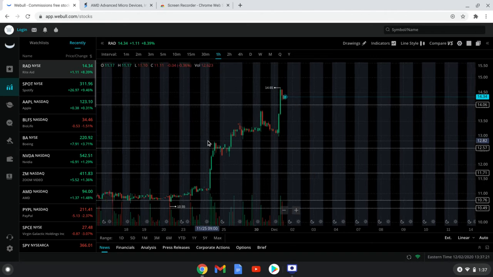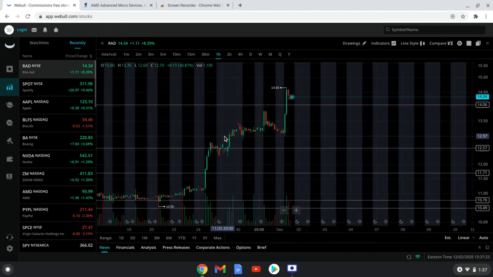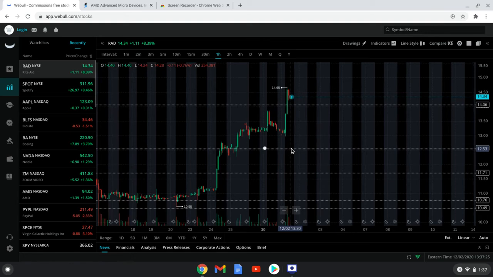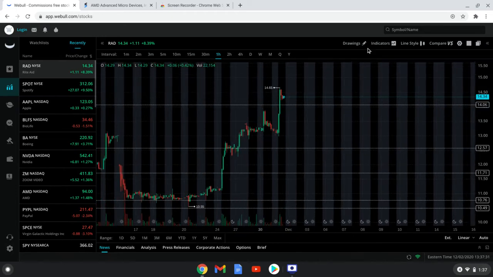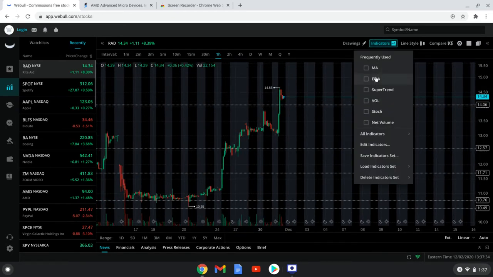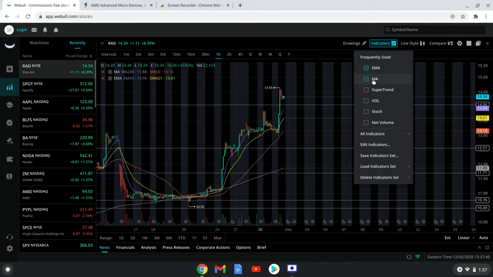Now that we got the support and resistance down, let's move over to the EMAs and more indicators. I use the SMA and then the EMA.